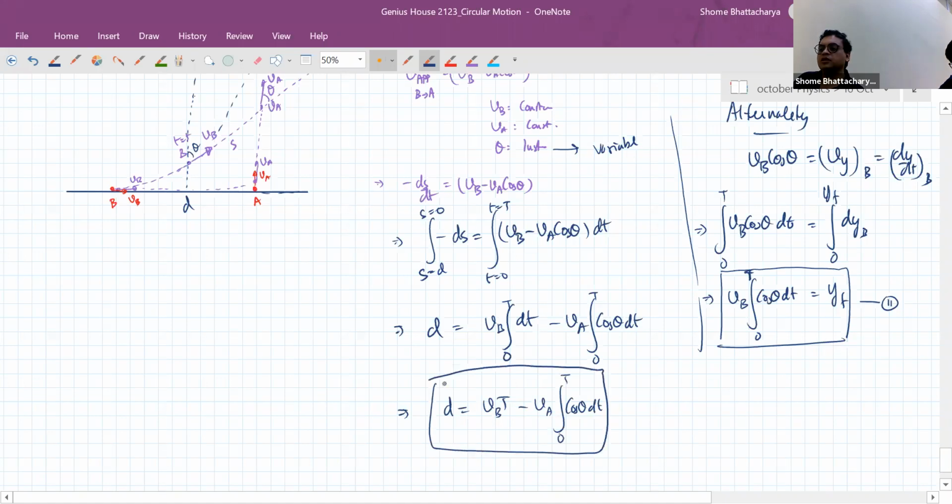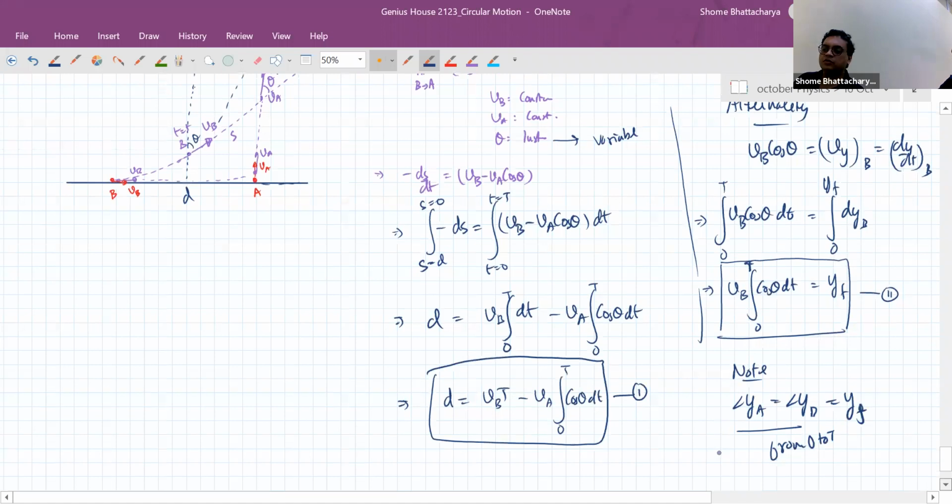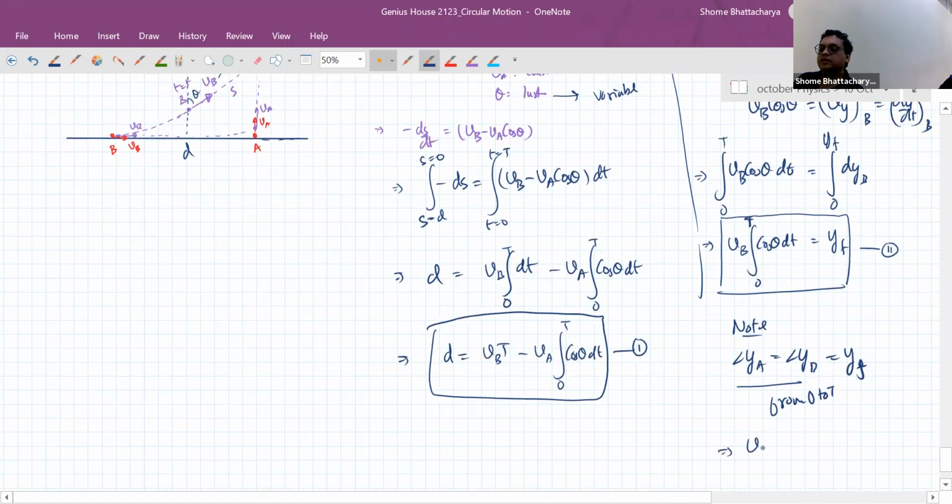Okay, and now the other trick I'll use here is that the change in A's coordinate is equal to the change in B's coordinate from 0 to t, which is equal to y final. Okay, and A is moving at a constant velocity along the y-axis. So VA into T is equal to y final. So now this is my third equation.